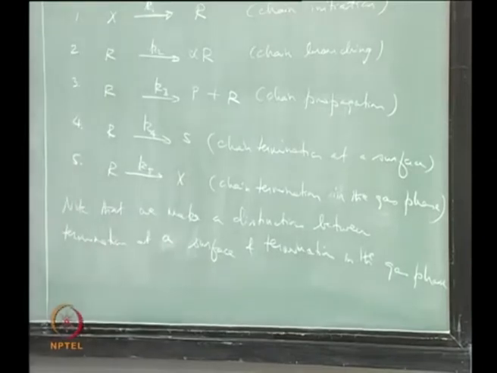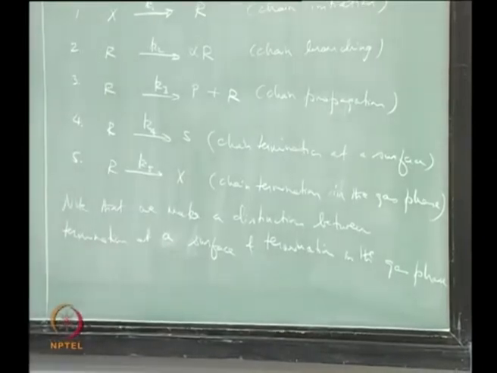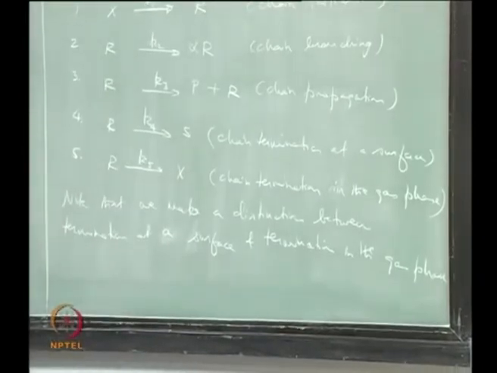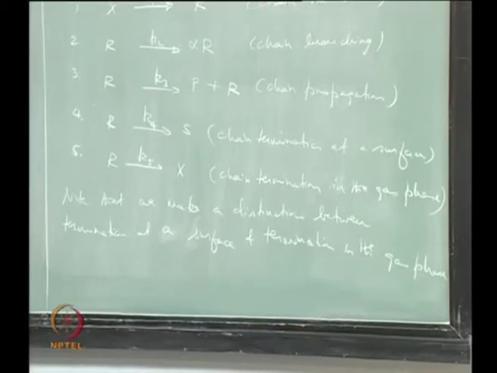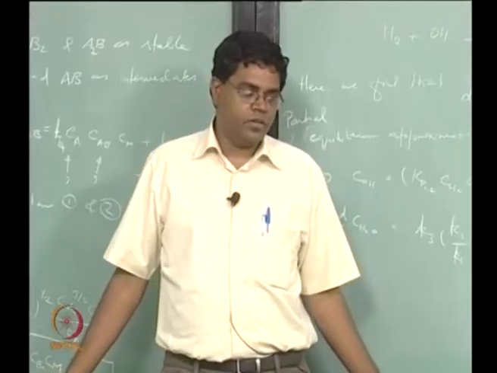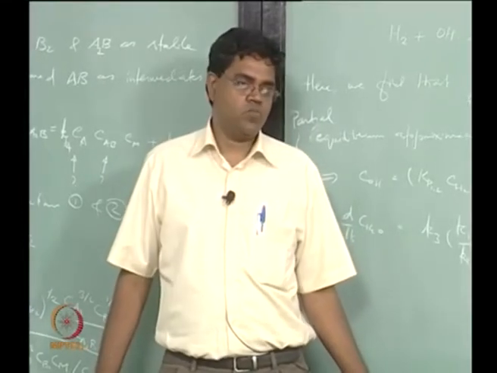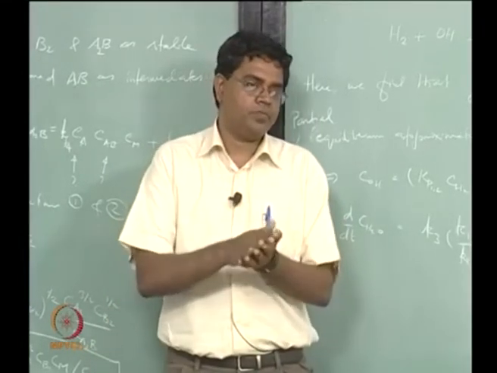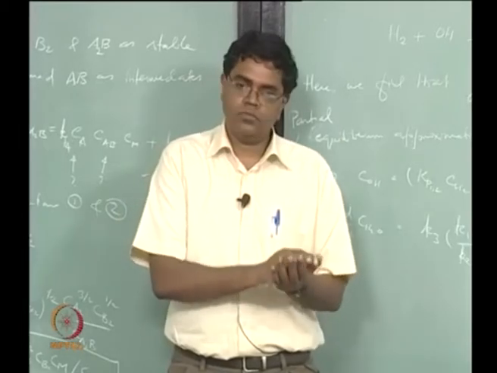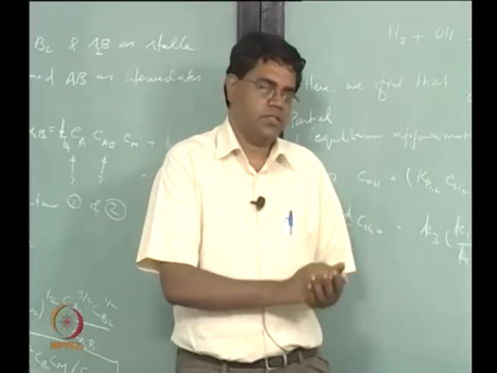Why would you want to make the distinction? How does it matter? Termination means the intermediates disappear, right? How does it matter which way they disappear? What are we looking at?